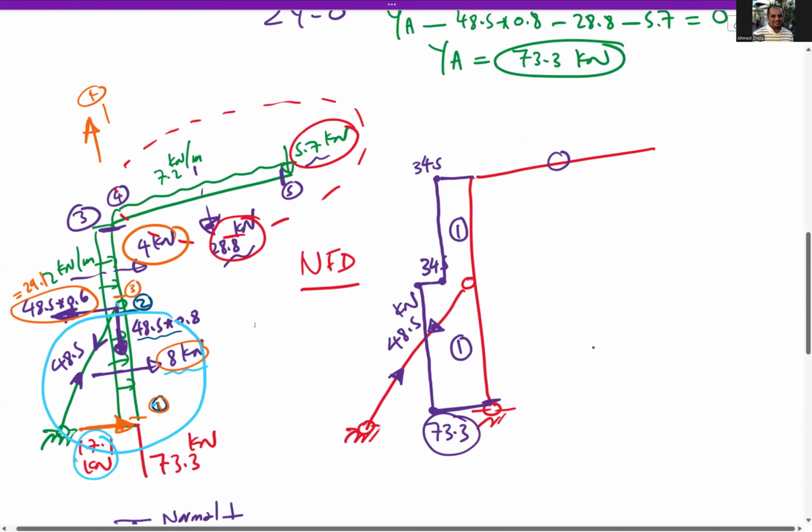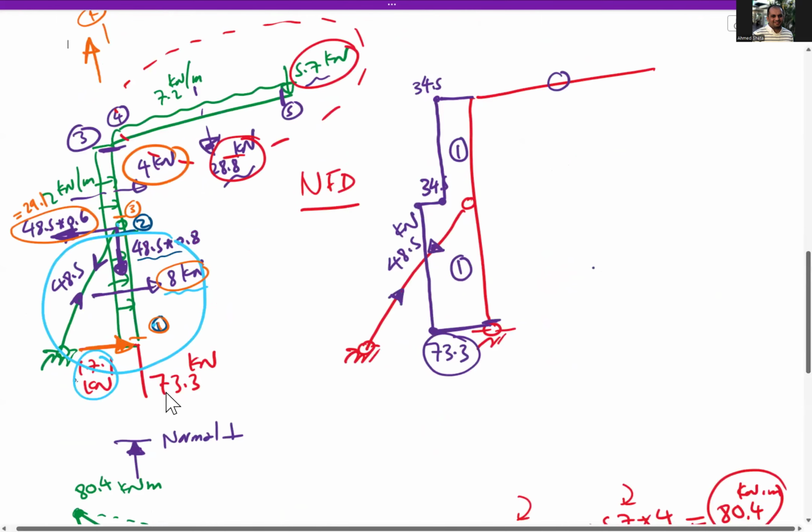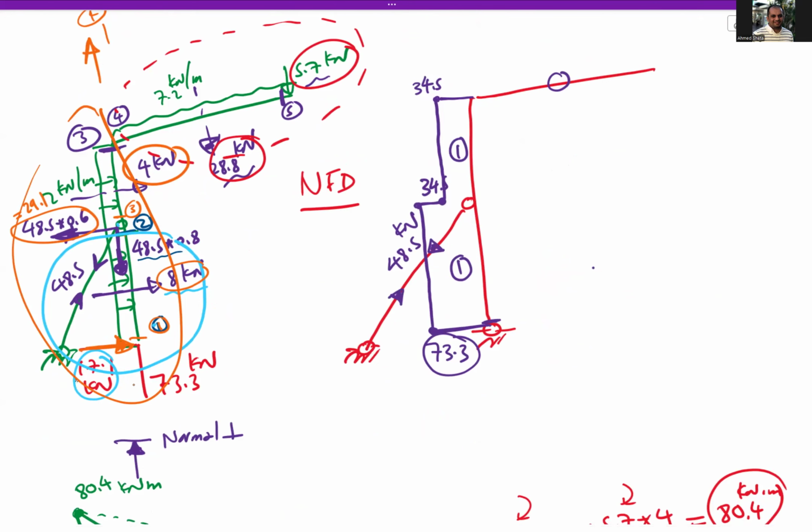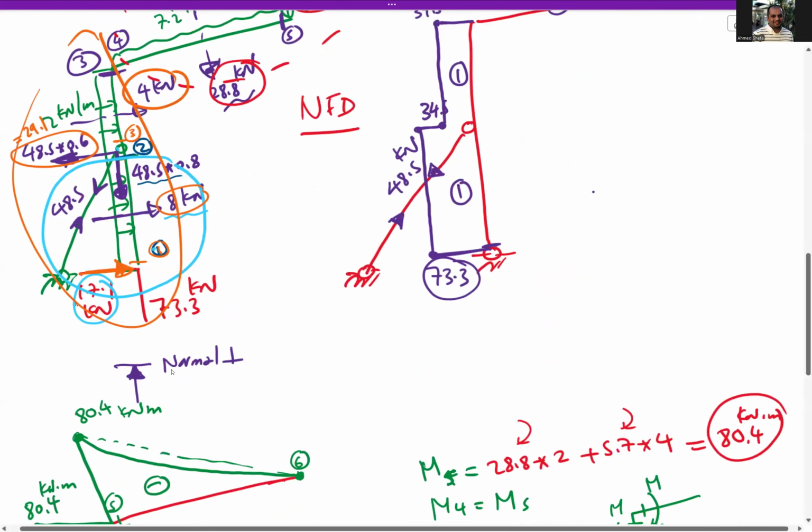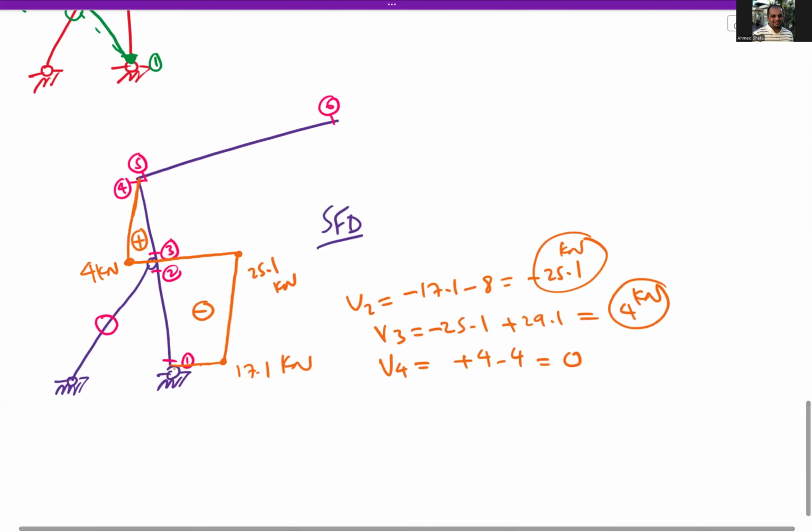So what is the parallel force from this part? We have 73.3 minus 48.5 times 0.8. So V5 equals 73.3 minus 48.5 times 0.8 equals 34.5 kilonewton. So the shear here is 34.5 kilonewton.